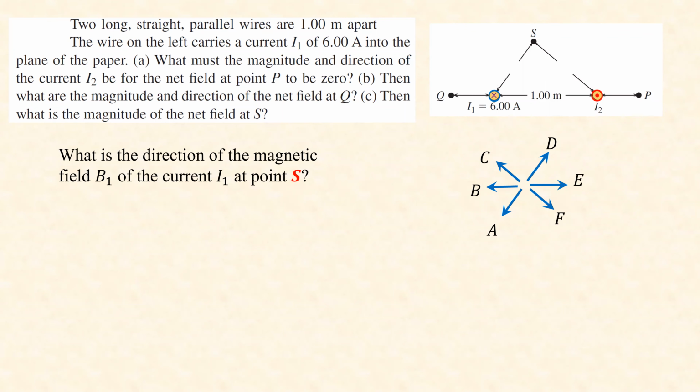Very good. So as I said, for this current at this point, the magnetic field is perpendicular to this radial direction. So either this way or that way. So either C or F. And then from right-hand rule, if you put your thumb in the direction of the current, which is into the page, your four fingers show the direction this way, meaning clockwise around this.